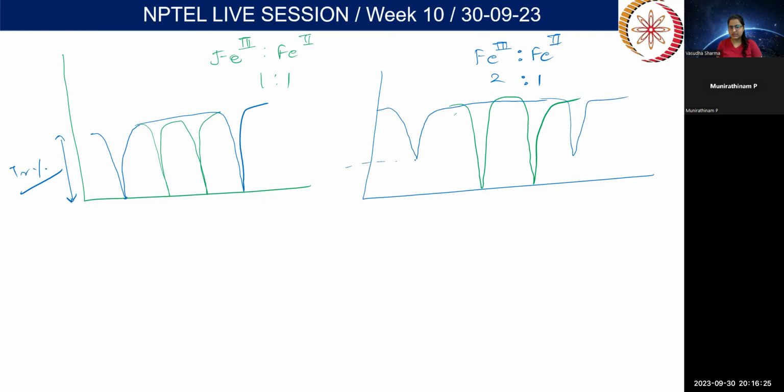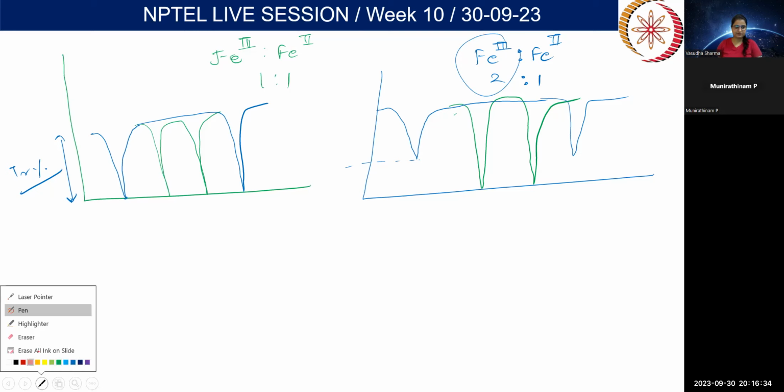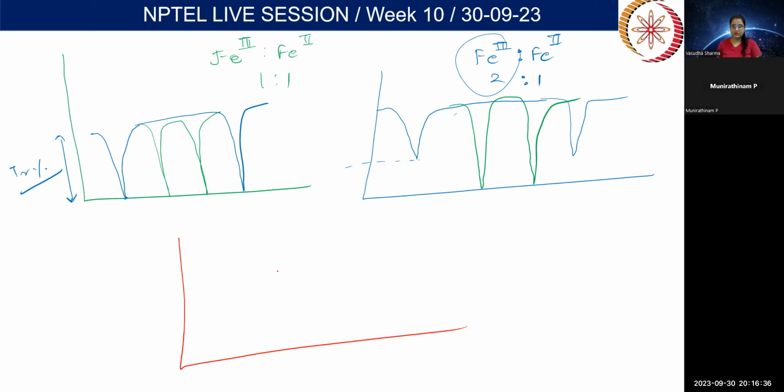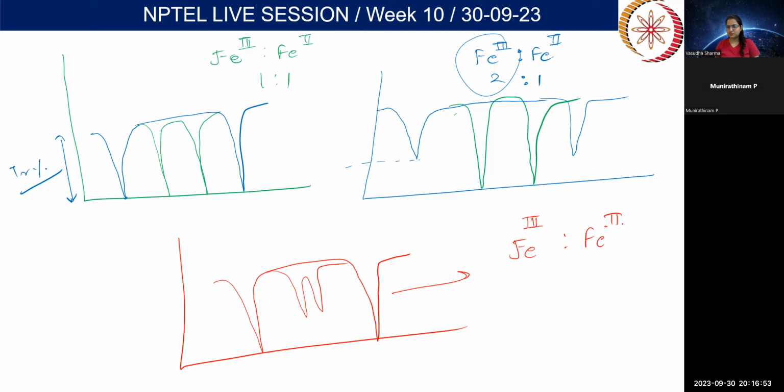So this intensity has been reduced. This case becomes when Fe3 is 2 times compared to the Fe2. Now, if we have the other way, here we see that the outside Fe2s are more compared to this one. That is the case when Fe3 is to Fe2 is 1:2.